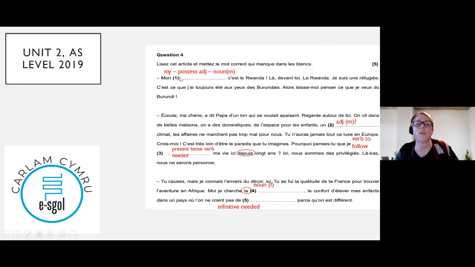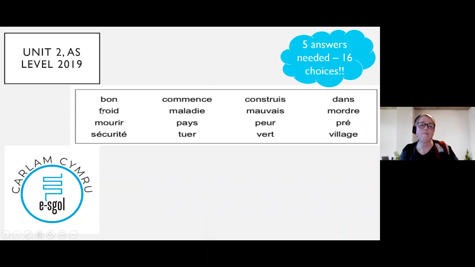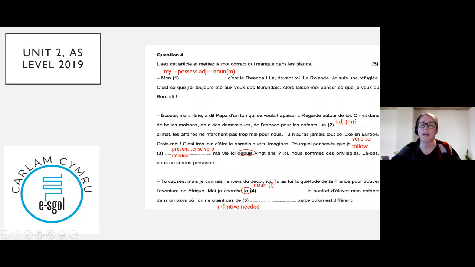So this first one here, mon. We're looking for clues, aren't we? Mon is my, isn't it? It's a possessive adjective, and you're going to need a masculine noun here to go in this gap. If you look back, you can quite quickly find the nouns and which ones are masculine.